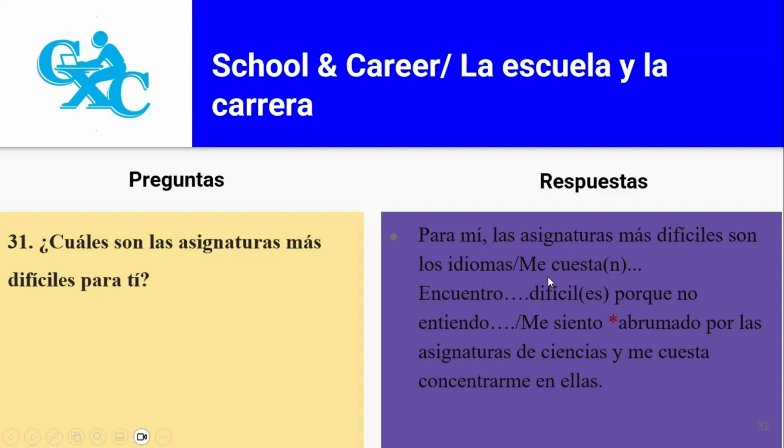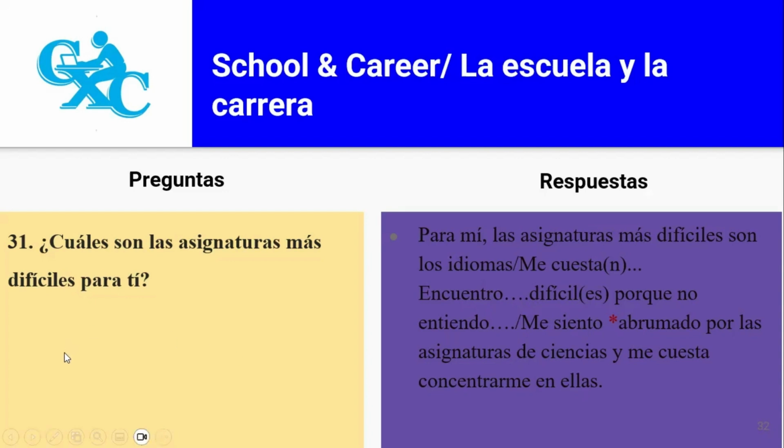Me cuesta, when you're talking about subjects, it is hard, or it is difficult, all right? Or you can say encuentro las matemáticas difíciles, o encuentro la historia difícil porque no entiendo, or me siento abrumado. I feel overwhelmed por las asignaturas de ciencias, or whatever it is, or me cuesta concentrarme en ellas. It is hard to focus on them, all right?